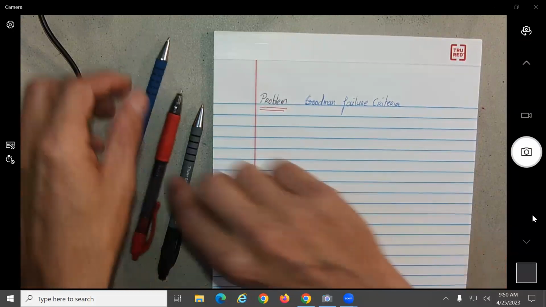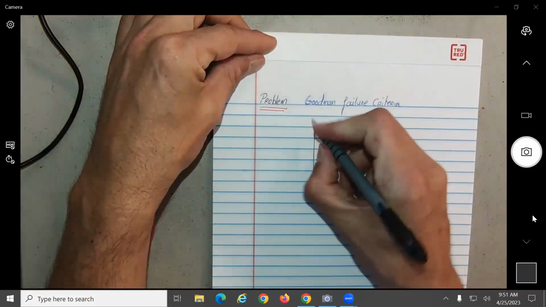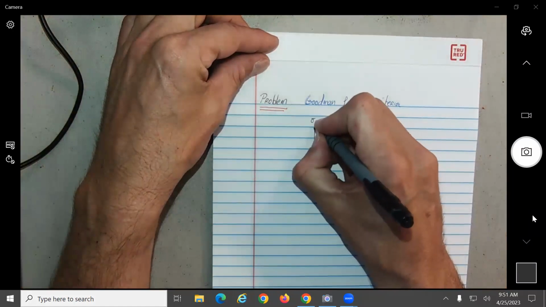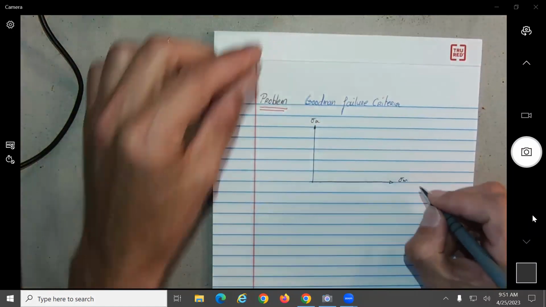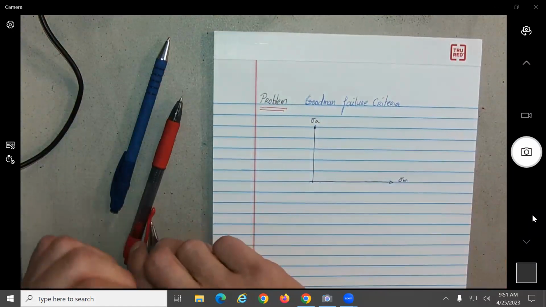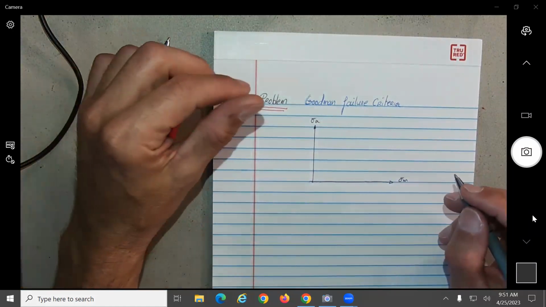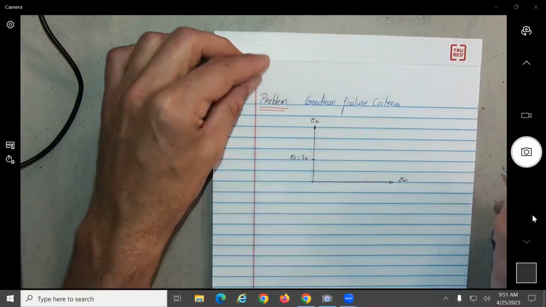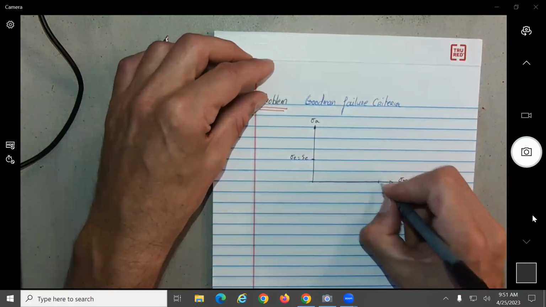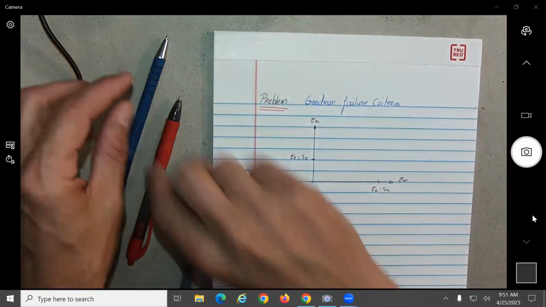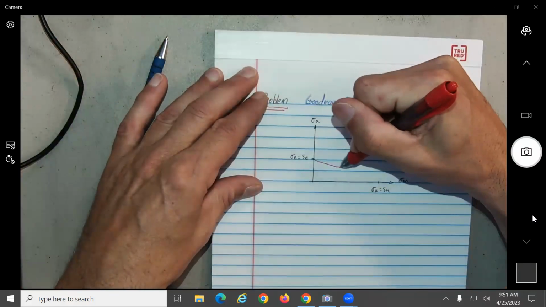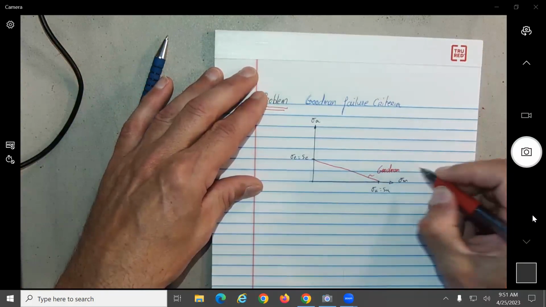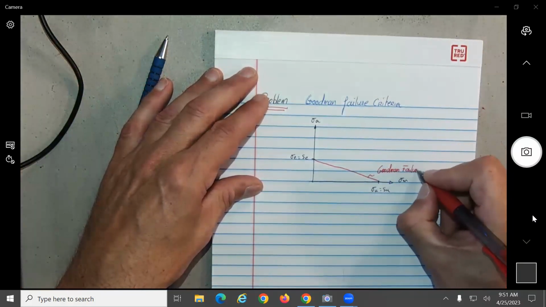Basically, in the Goodman criteria, we say that if we have a curve, if we plot on the x direction the alternating stresses, and on the other axis the median, then we define two points: the endurance stress with respect to the ultimate stress, and it will go through this line over here. This is known as the Goodman-Ferrer criteria.